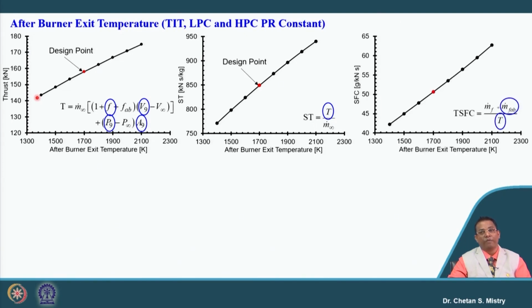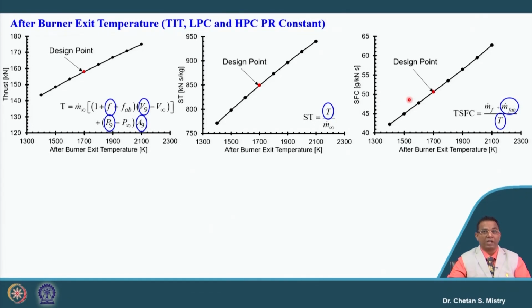Our next parameter is thrust specific fuel consumption. Since we want a higher temperature for the afterburner, the amount of fuel required to be injected in the afterburner will be larger. Though my thrust is higher, the amount of fuel required for the afterburner is huge compared to the rise of thrust, and that is the reason why our thrust specific fuel consumption will be increasing.